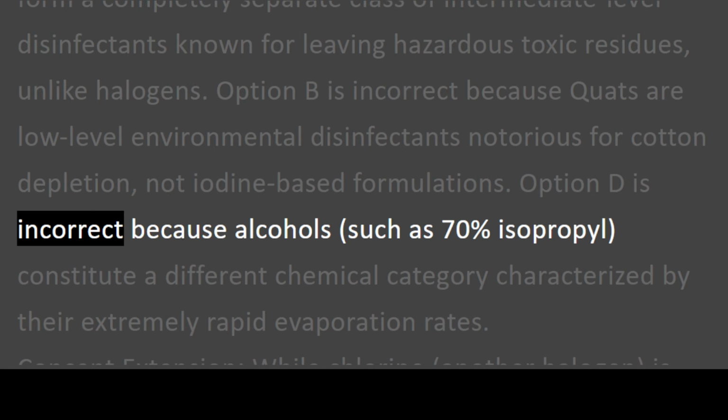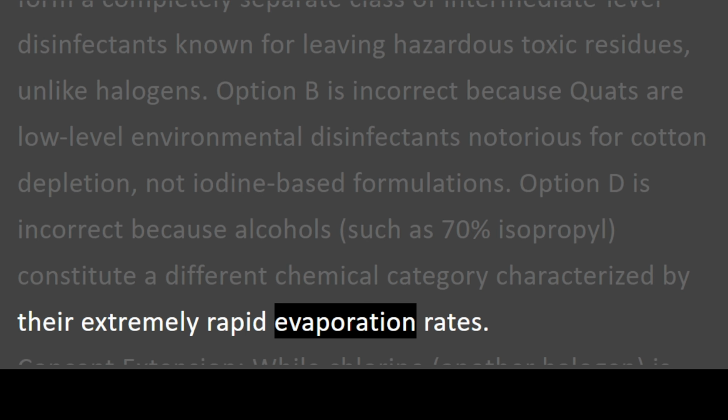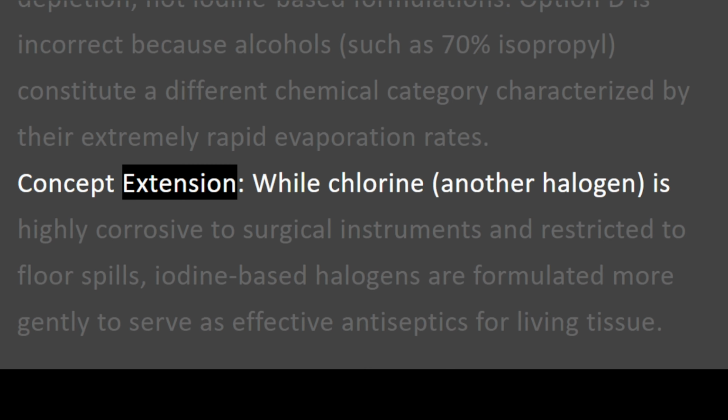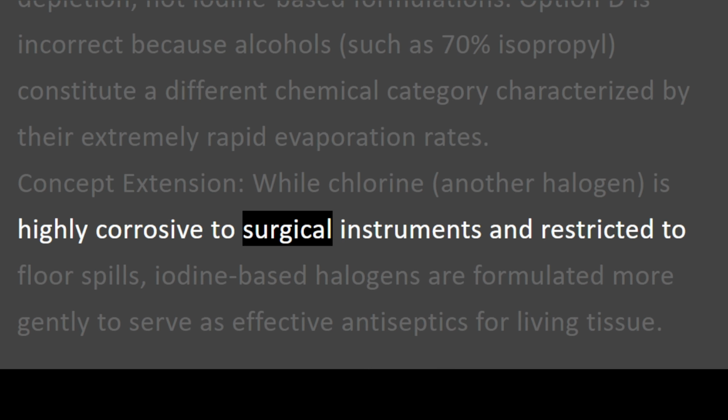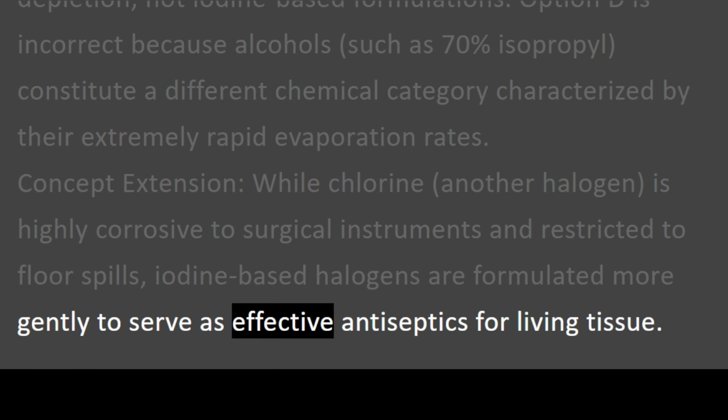Option D is incorrect because alcohols, such as 70% isopropyl, constitute a different chemical category characterized by their extremely rapid evaporation rates. Concept extension. While chlorine, another halogen, is highly corrosive to surgical instruments and restricted to floor spills, iodine-based halogens are formulated more gently to serve as effective antiseptics for living tissue.